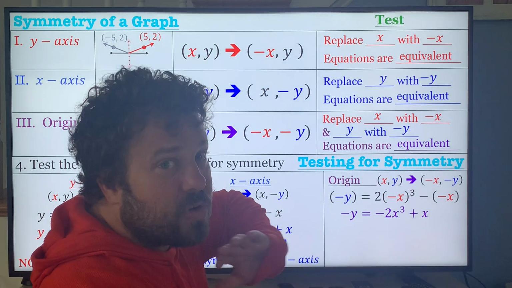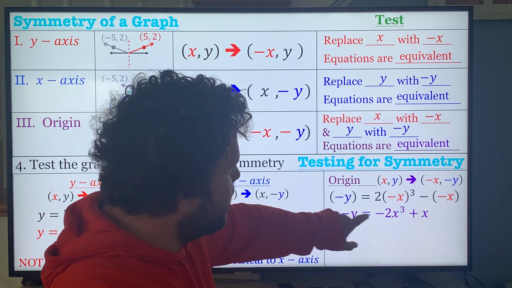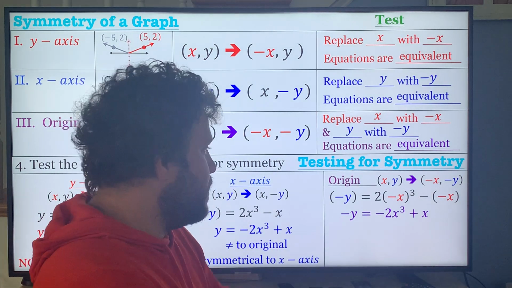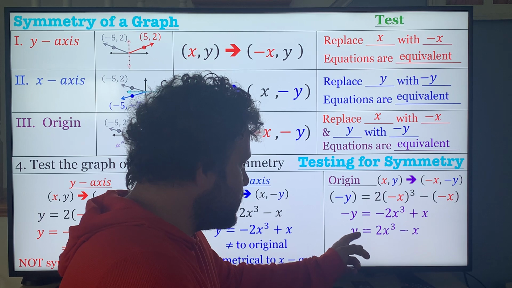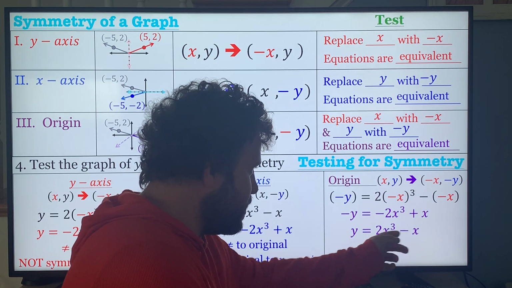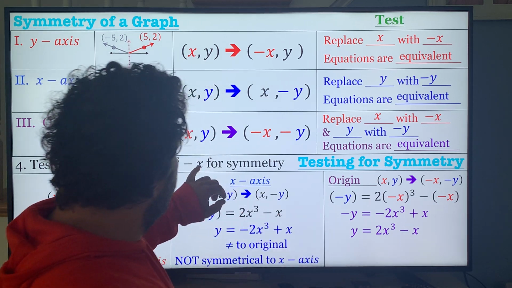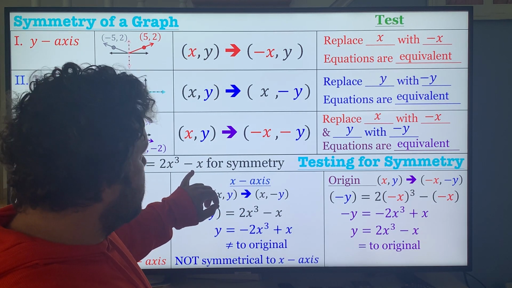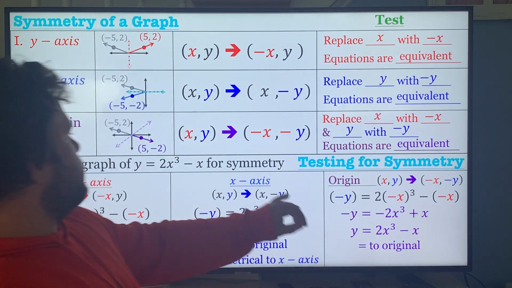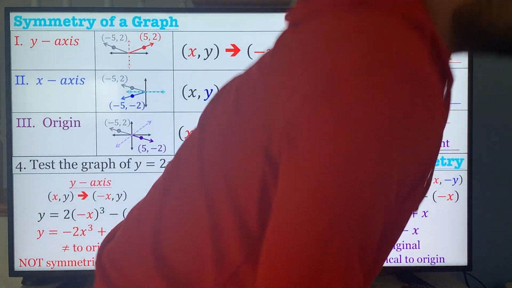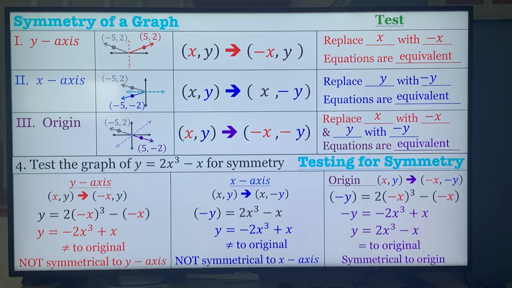So we're going to change all the signs. So I multiply this whole thing by negative 1. If I multiply both sides by negative 1, the equation stays the same. But then at least I have y equals positive 2x cubed minus x. So are this and this equal? Yes, they are equal. Since they're equal, that means they are symmetrical. So it's symmetrical about the origin.